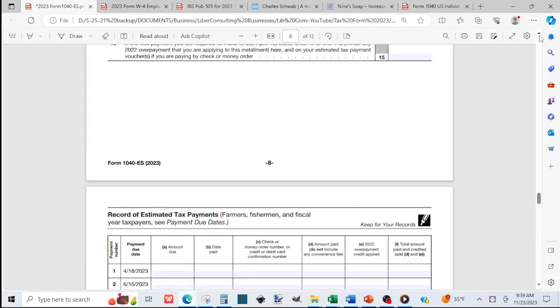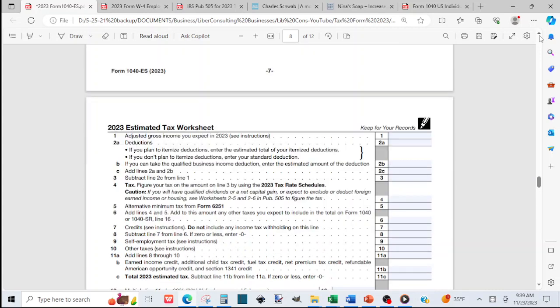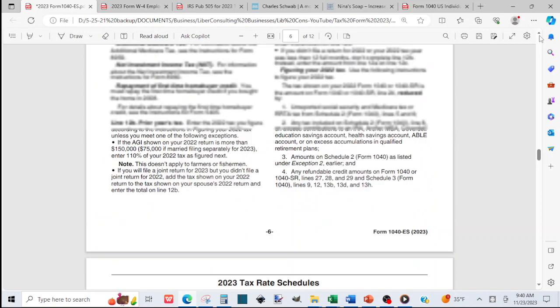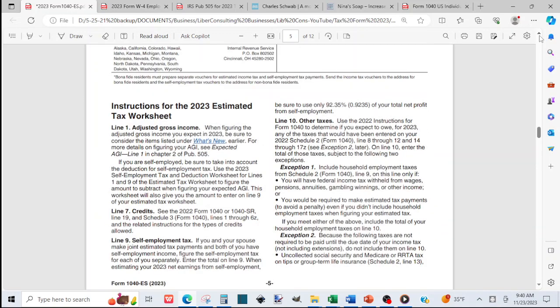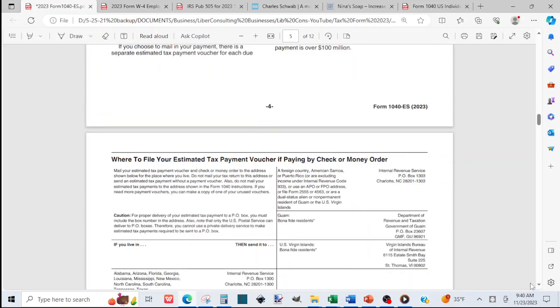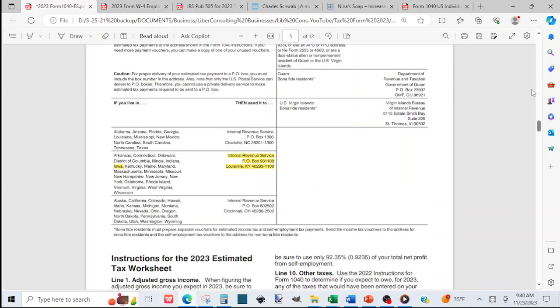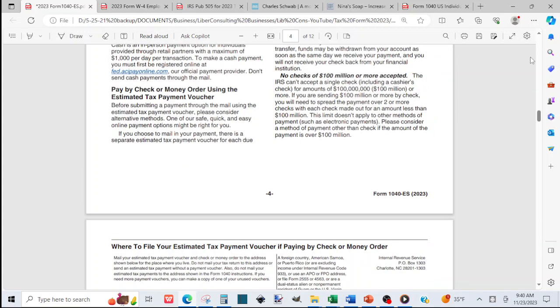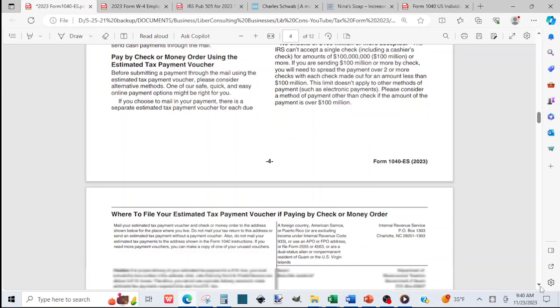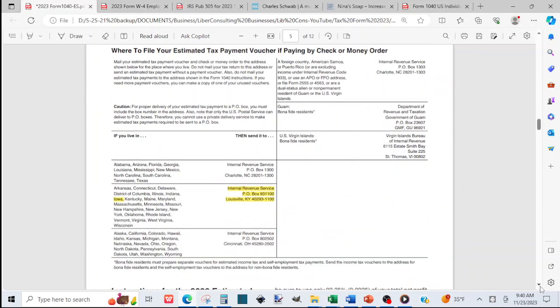And you put both the check that you completed properly and the voucher that you completed properly in an envelope. Don't staple them. You put them in an envelope, and you go to the 1040-ES instructions to look for where to mail your estimated tax payment.